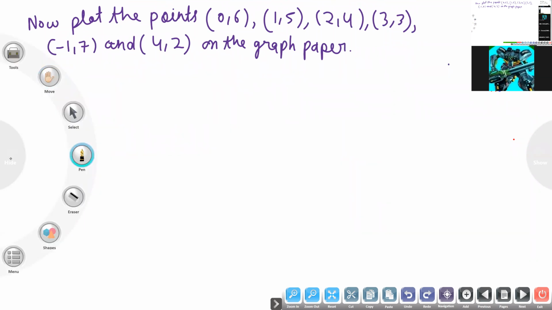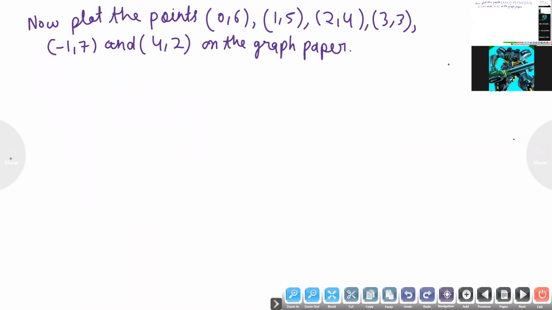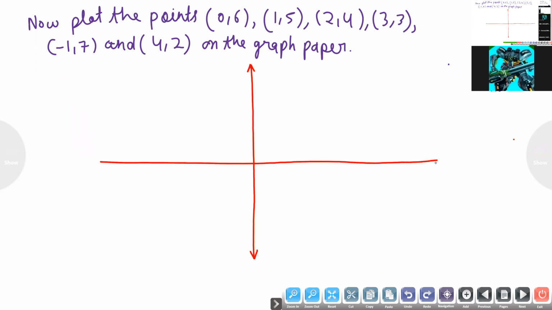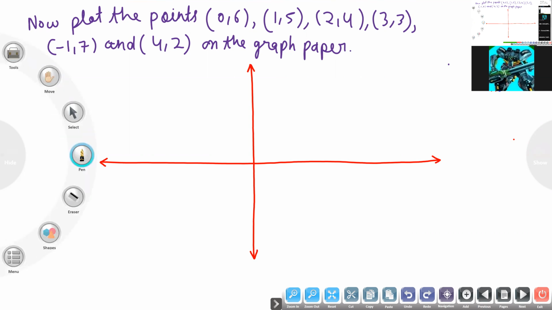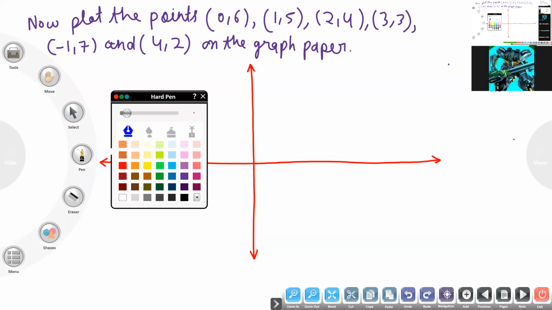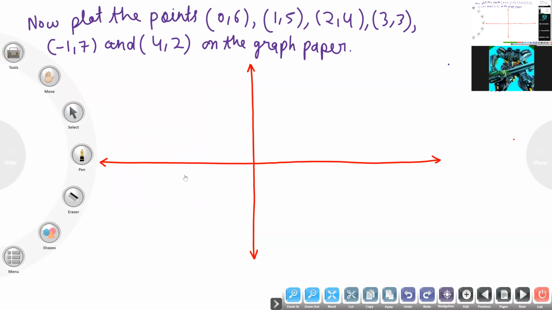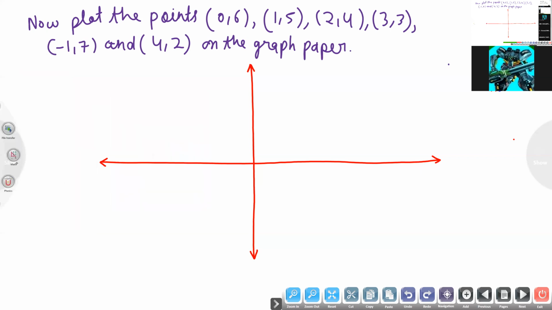How to plot the graph? Firstly, I want to draw both axes. This is the y-axis. This is the x-axis. Now I want to check the highest value of plus x: 4.